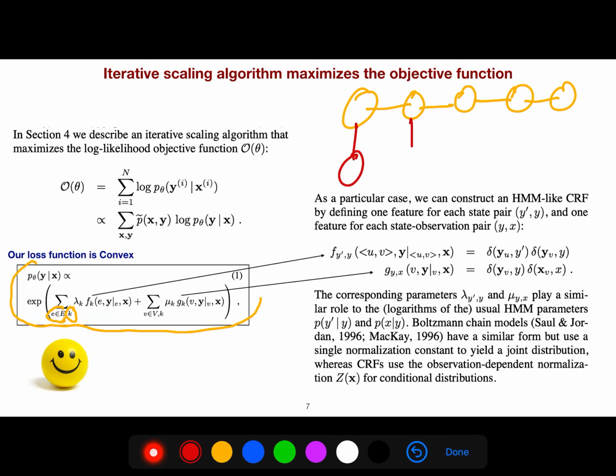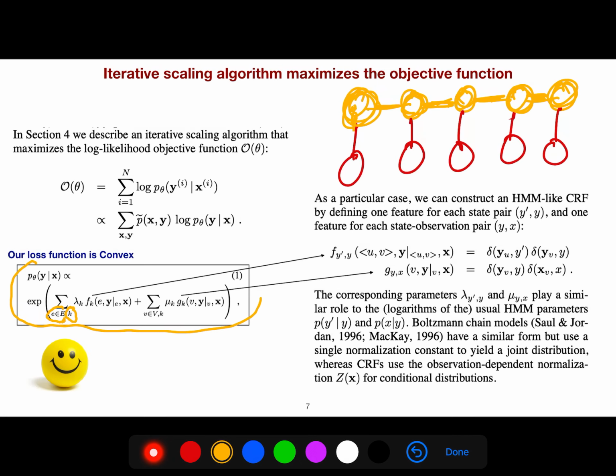For example, k is the number of features, and E1, E2, E3, E4 are edges that you need for transition. And we have vertices: when you are here, this is a vertex, second vertex, third vertex, fourth and fifth vertex. And you see these are just Boolean things.